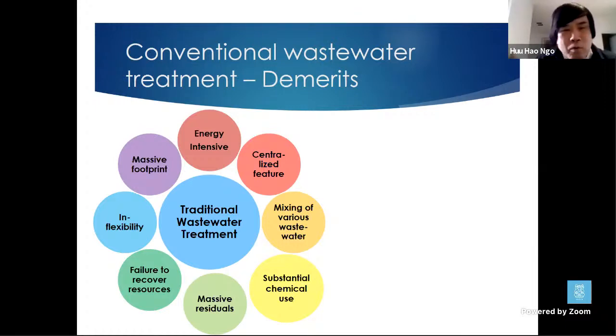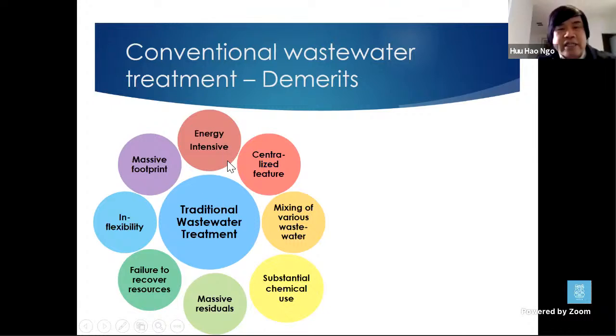In different cases we can't be very flexible in designing the system. And then massive footprint, I mentioned to you, of course it needs big volume units and a big space to have the conventional wastewater treatment.